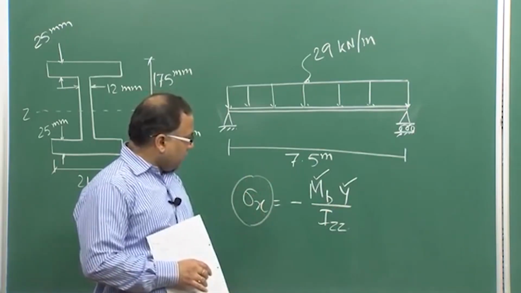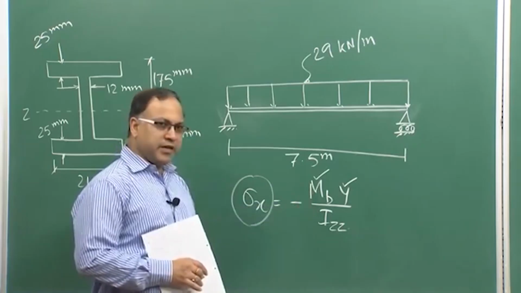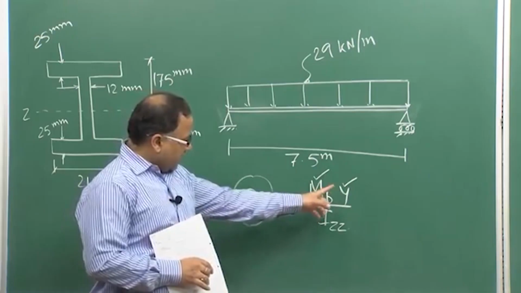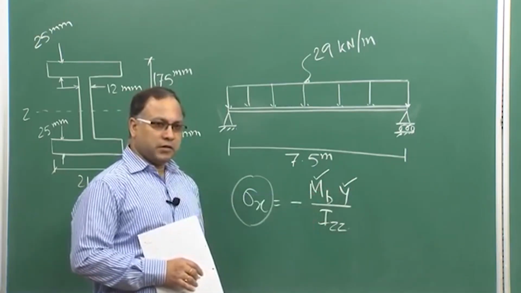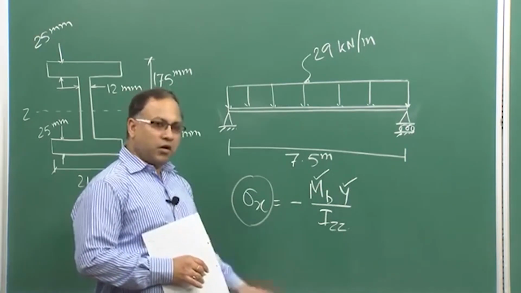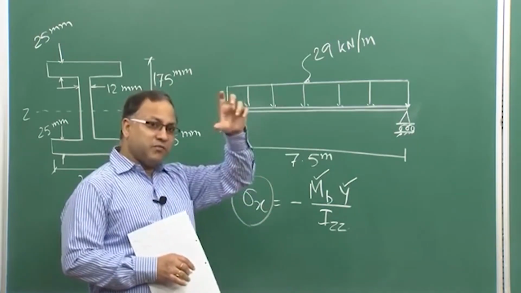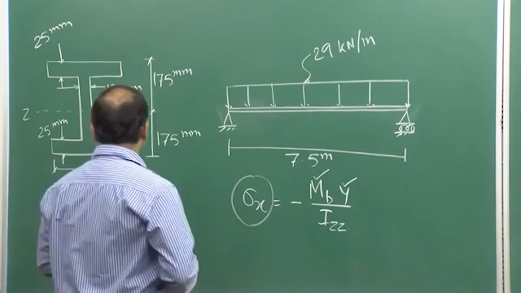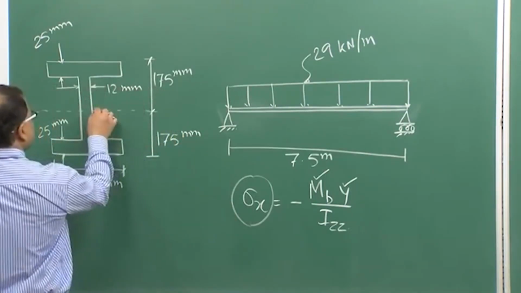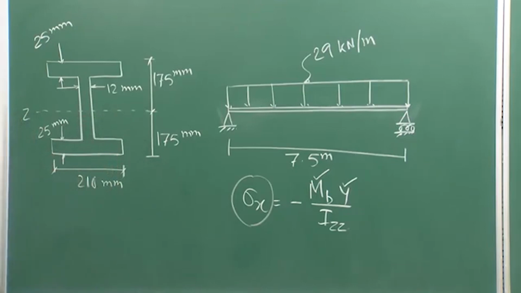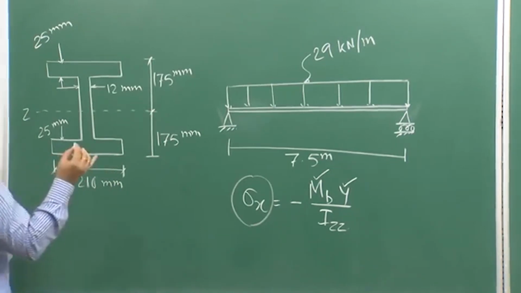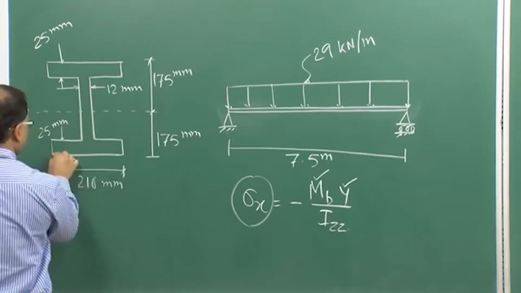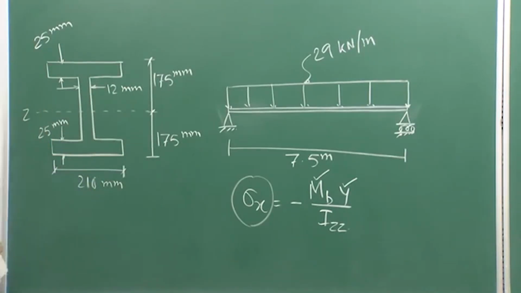So, what I need to find out? I need to find out the maximum bending moment in the beam under this kind of loading condition, and the extreme fiber from the neutral surface. Obviously, the neutral surface passes through the centroid of the cross section. So, the extreme fiber will always be either this side or this side, top or bottom.